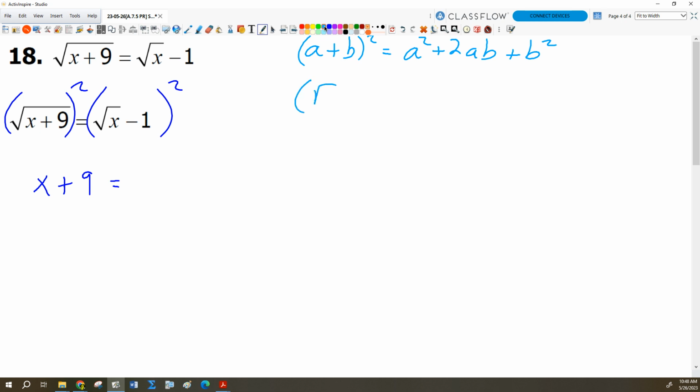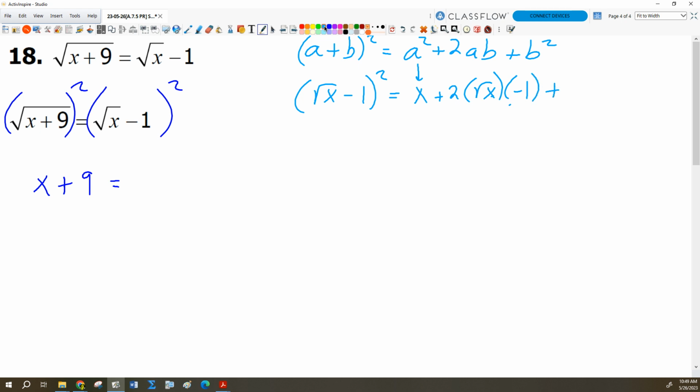So if I apply this pattern, what is the square root of x minus 1, squared? What's my a in this case? Square root of x, right? So if I square that, I'm getting x. Then 2ab, so I'm getting plus 2 times, what's a again? Square root of x. What's b? Negative 1.